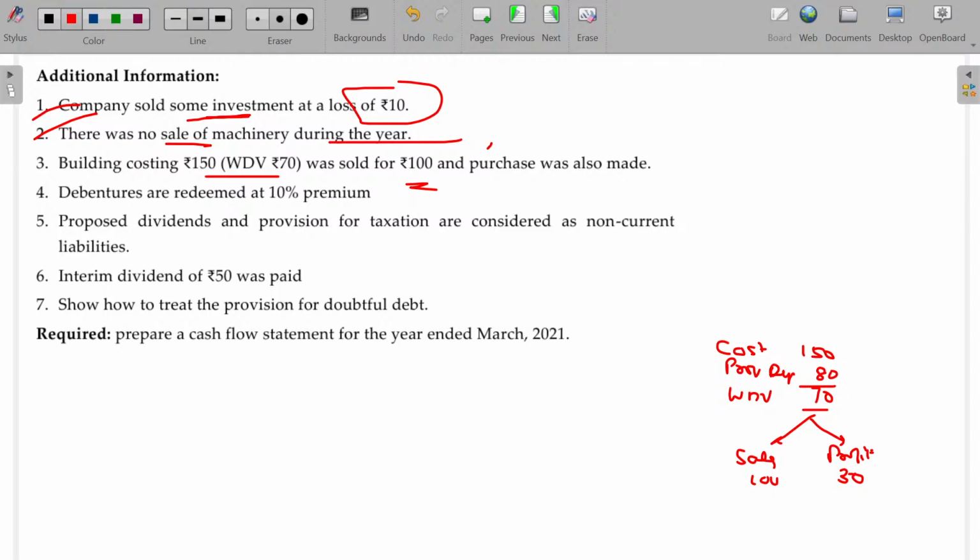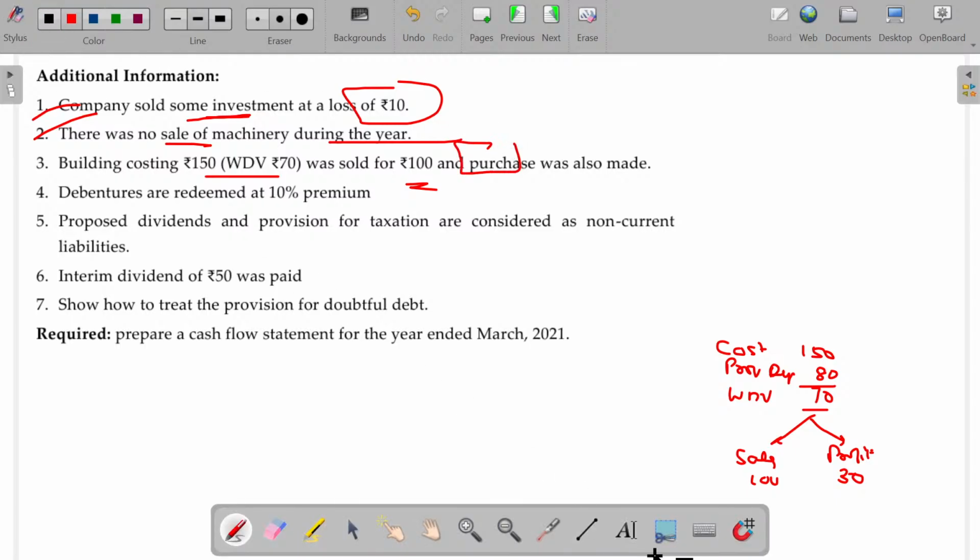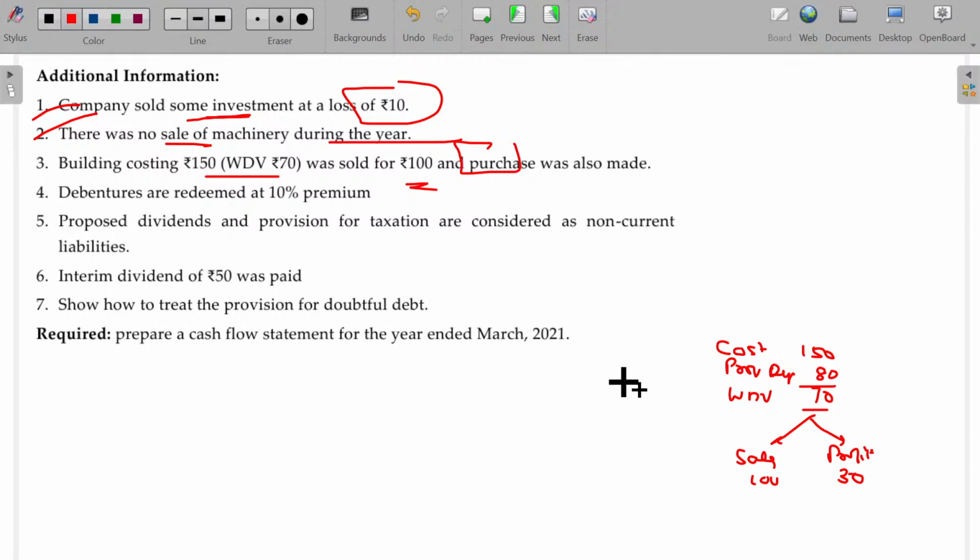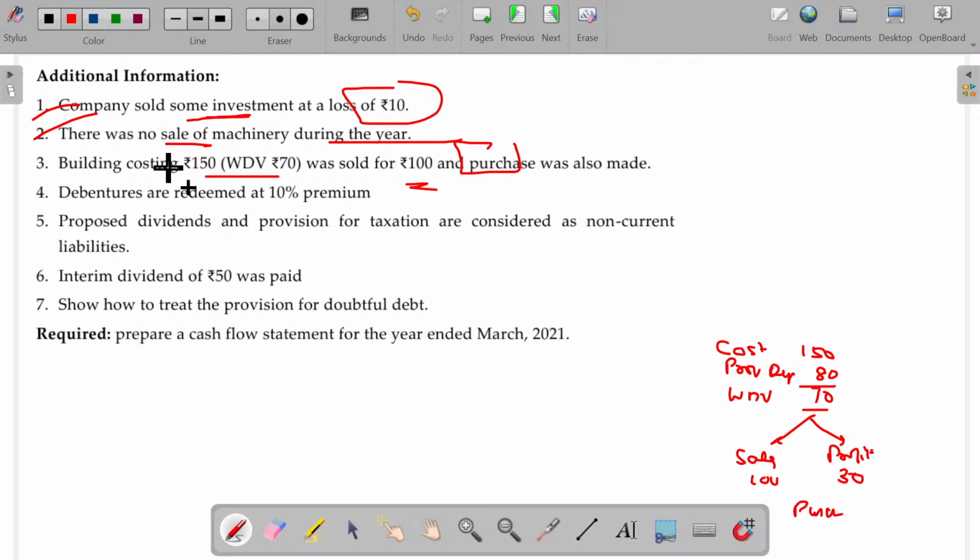Also, we have the purchases. I am not aware of the purchase amount. I can incorporate all this value here.